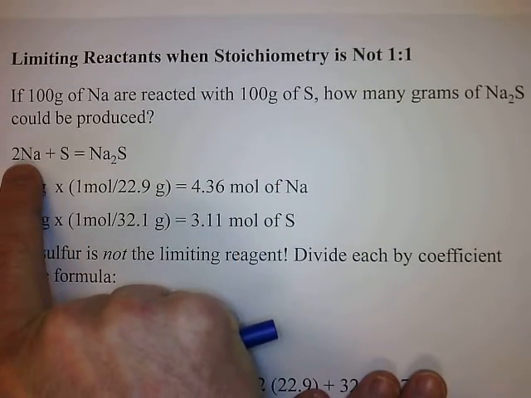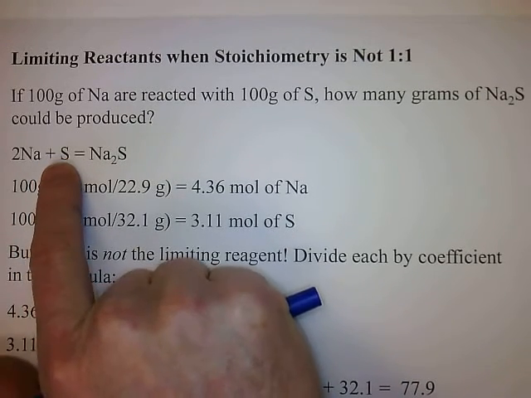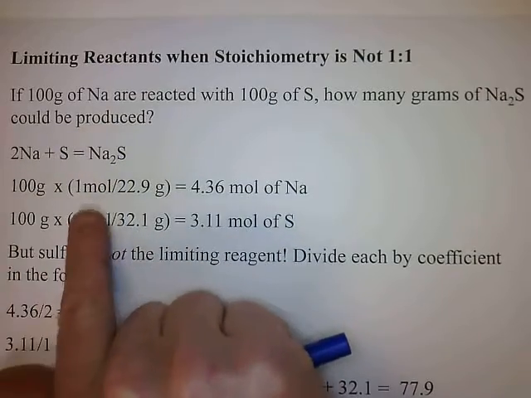Now it's not 1-to-1, because you have to have 2 sodiums for every 1 sulfur. So we have to take that into account when we figure out our limiting reactant.